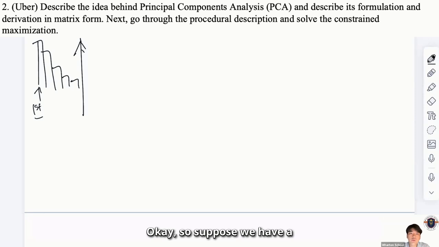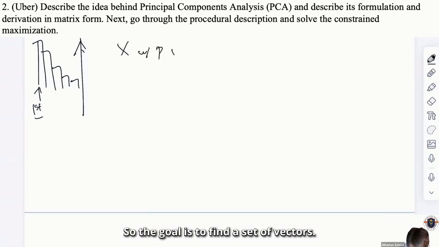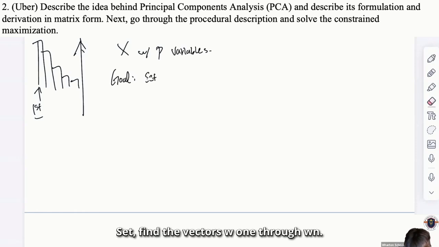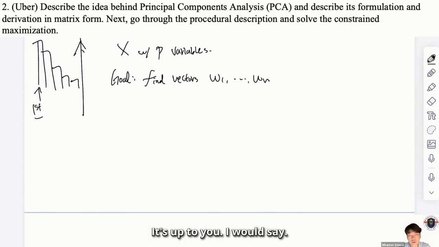Okay, so suppose we have a data set X with p variables. The goal is to find a set of vectors W1 through Wk, where k is less than or equal to p.